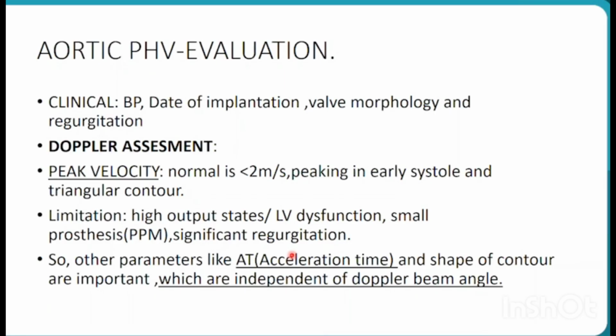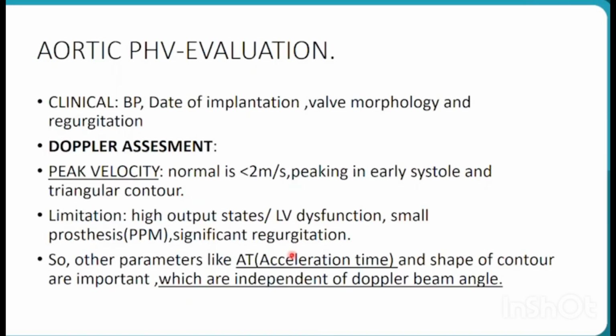So however, there are certain limitations to it, that is the high output states, and contrary to high output state, LV dysfunction, small prosthesis, PPM, that is there may not be anatomical obstruction, but the valve is smaller as compared to the body surface area or his LV outflow tract.